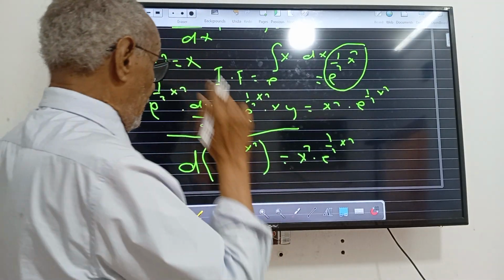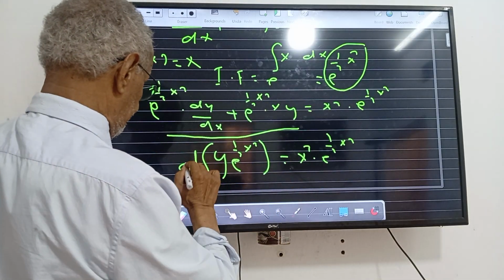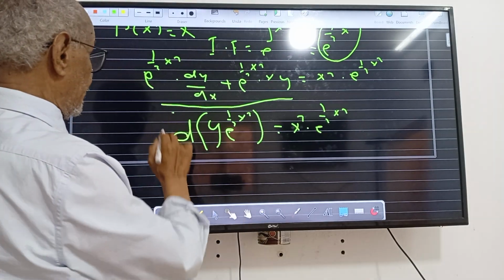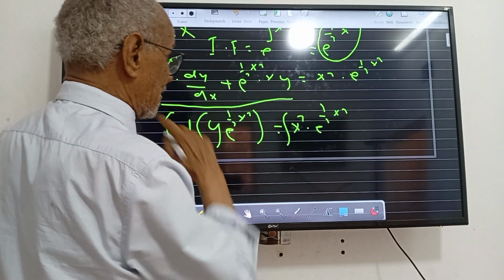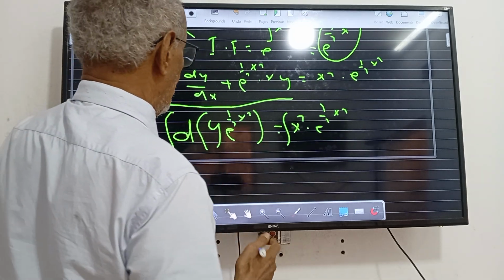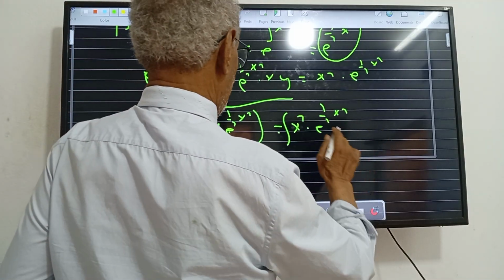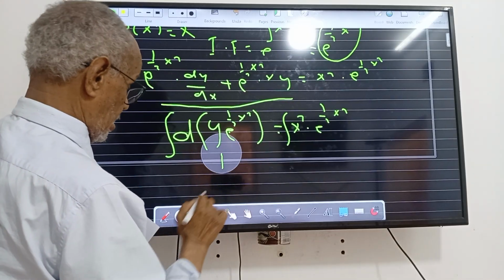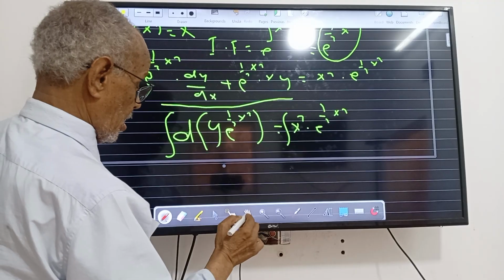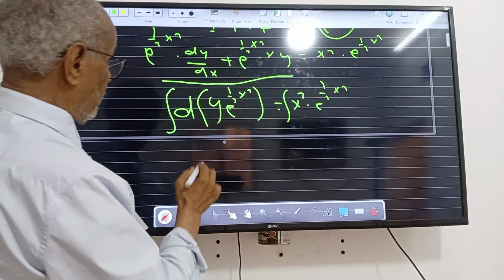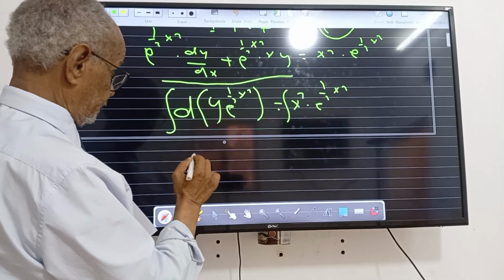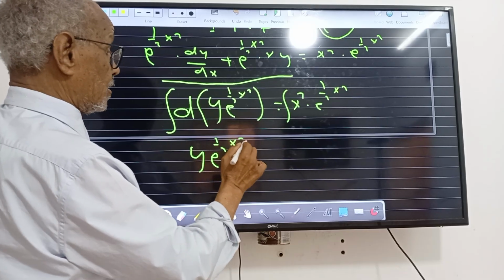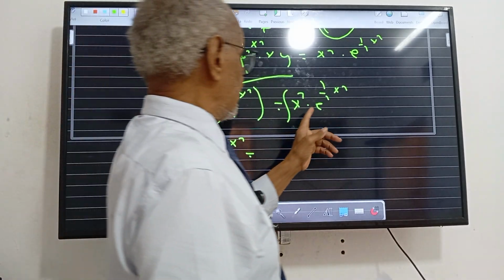So if we integrate both sides, we will get y e to the power half x squared equal the integration of this.